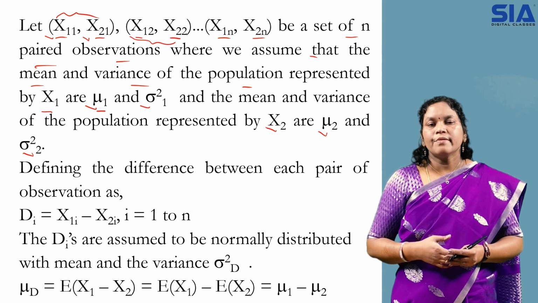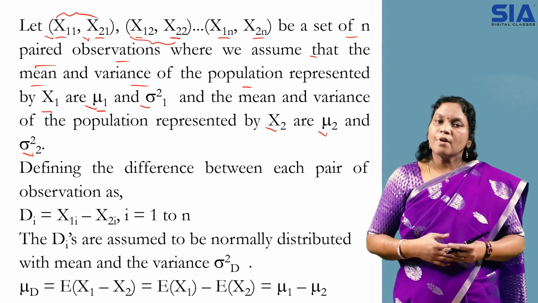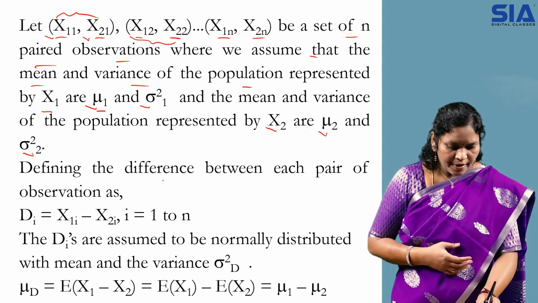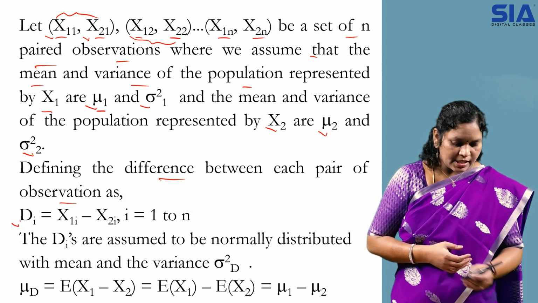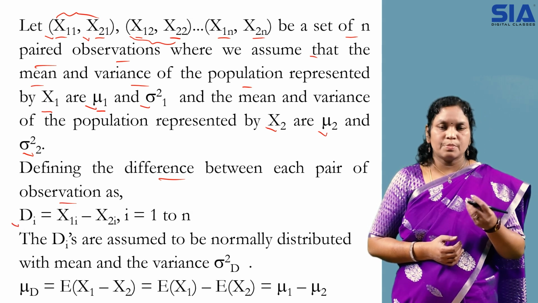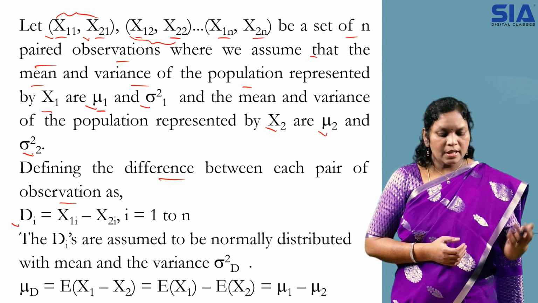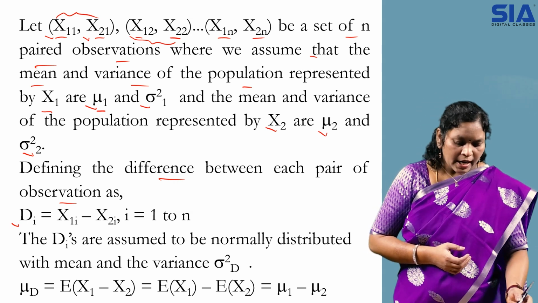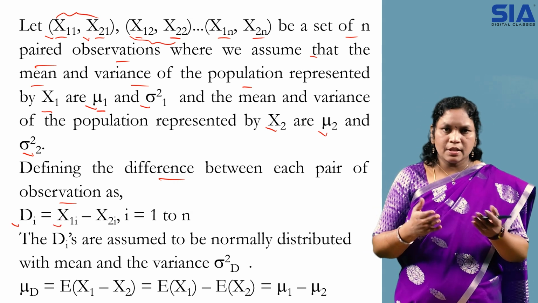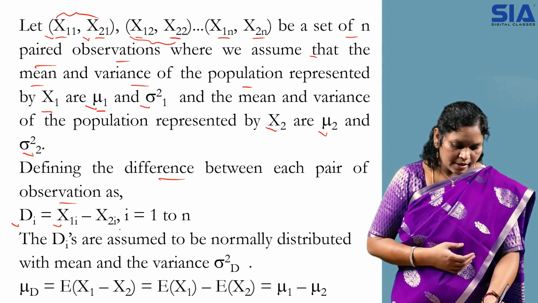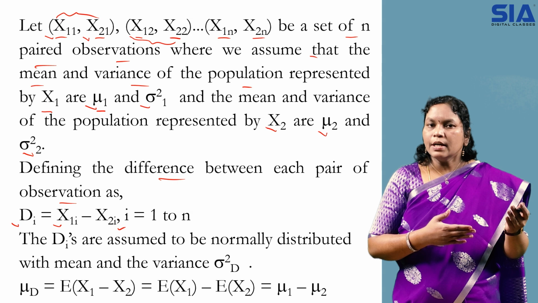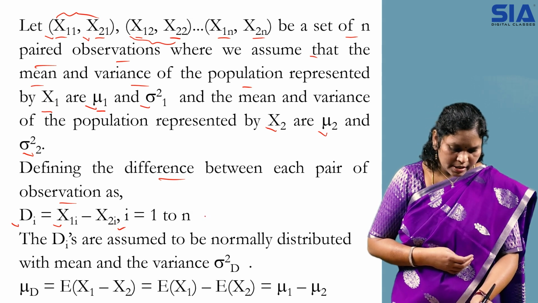Let us utilize that and check how the formula goes on. Defining the difference between each pair of observations as di: d becomes the difference between the observations. The notation di is nothing but the difference between both of the pair of observations. So simply x1i minus x2i becomes your di value, for i equal to 1 to n.